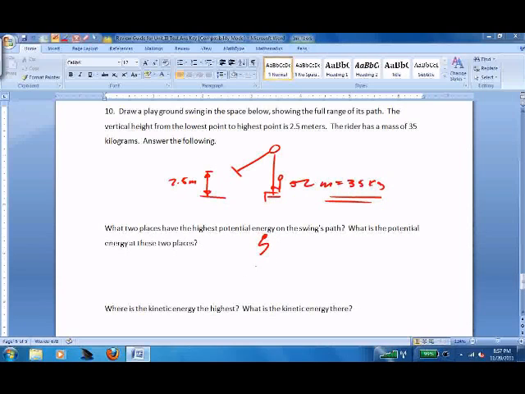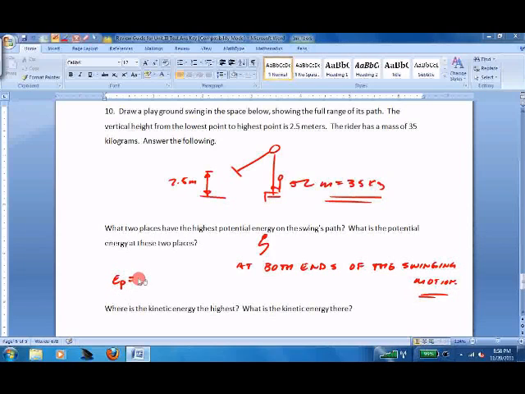Well, that would be at both ends of the swinging motion. And what would that potential energy be? It's pretty easy.